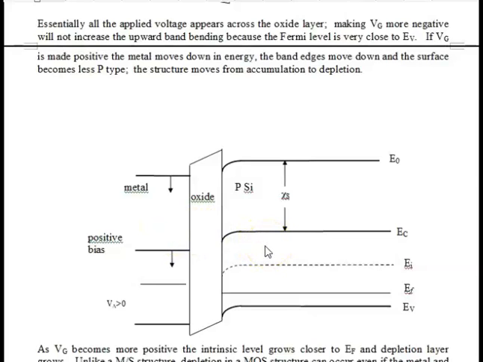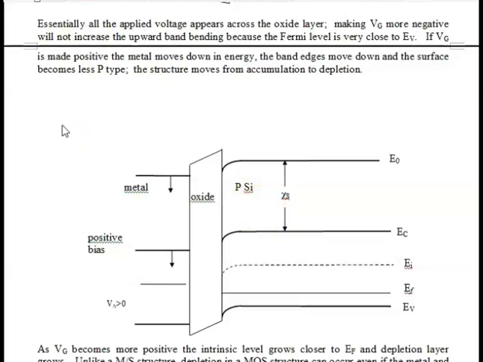Flat band voltage will always be negative, and we saw, for example, if we had an N plus degenerately doped metal for the gate and a P silicon of 10 to the 17th doping, the flat band voltage is about minus, emphasize the word, minus 1 volt.